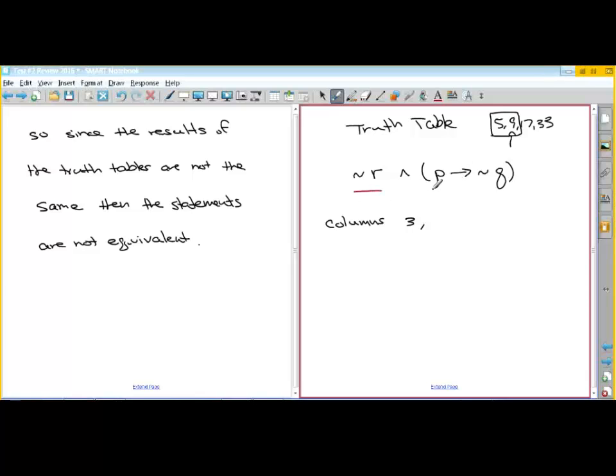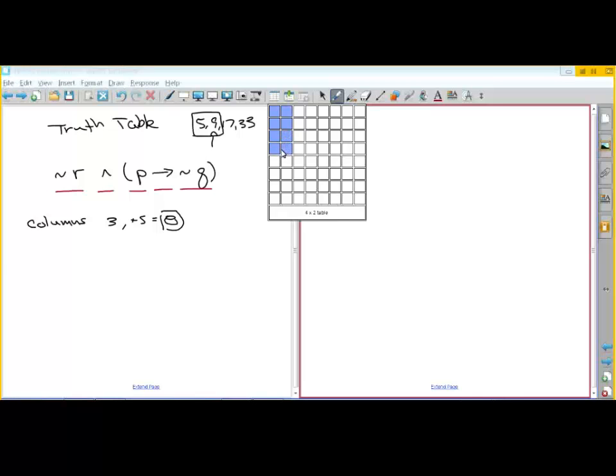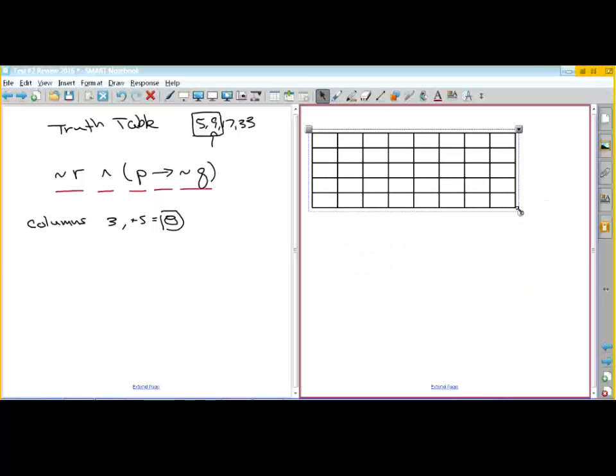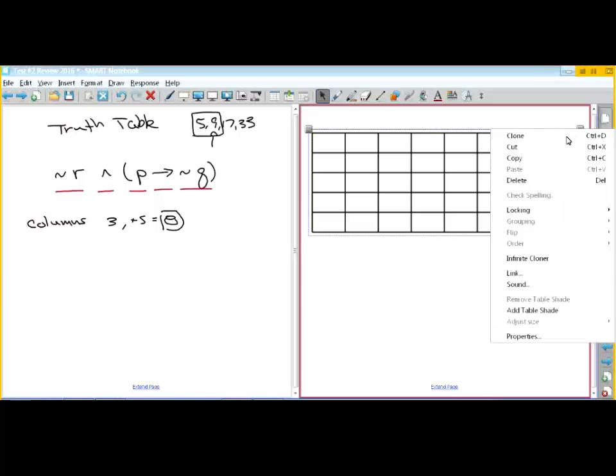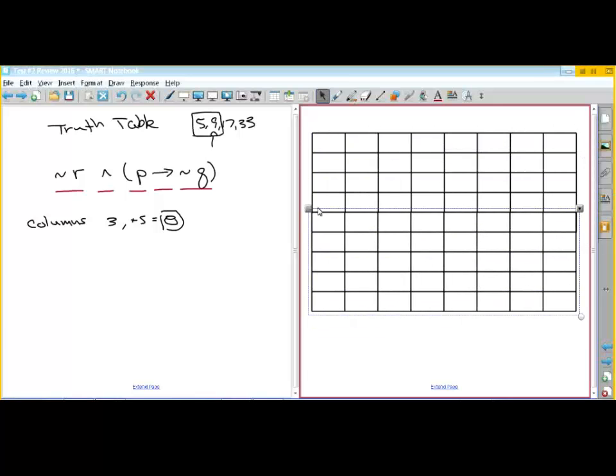So that's 1, 2, 3, 4, 5. So 3 plus 5 is 8. So we have 9 rows, 8 columns. So let's go ahead and make that table up. So there we go. That's the right size.